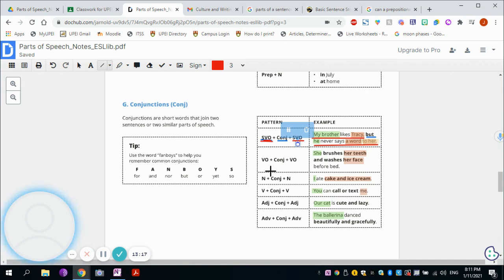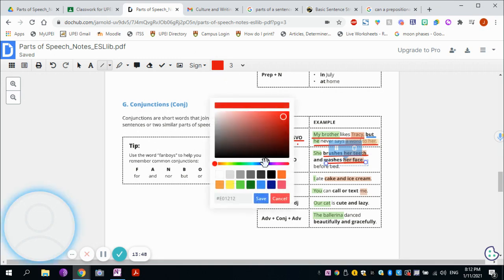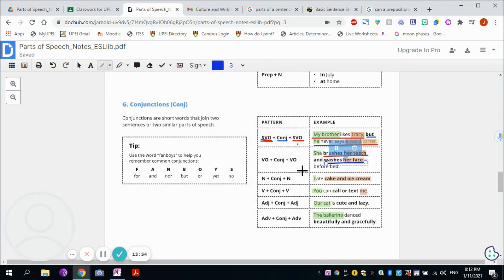Then we can have verb and object plus a conjunction plus a verb and object. So in this sentence, don't worry so much about the subject. We're going to look at the verb and the object. And then we're going to do another verb and object, which is washes her face. And then we can have, and why did that go blue again?